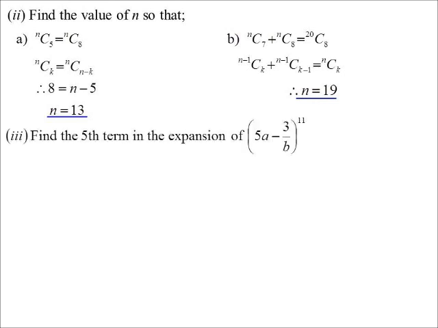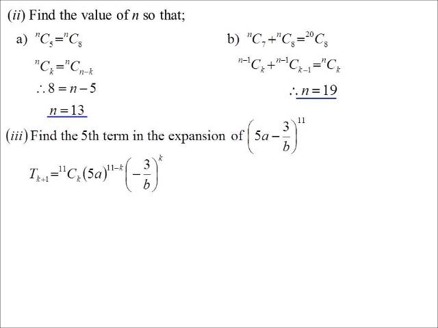So if we want to find the fifth term of this expansion, well, what I tend to do is go, well, what's the general term? I call the general term k plus 1 because the first term is nC0, and I think it's silly saying, oh, it's the naughth term. So k plus 1 for the general term.